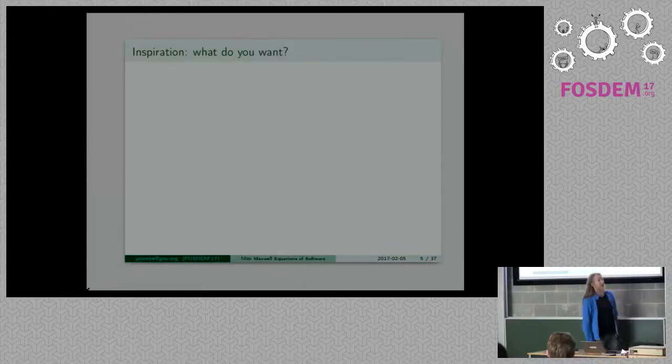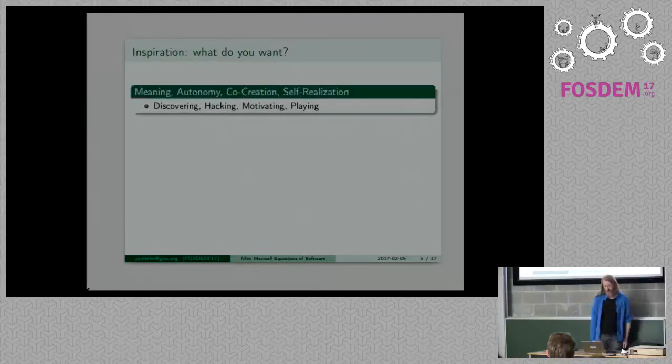Piotr said it, inspiration, that's what happened to me last year. Inspired by Geeks, but now I'm doing MES. So what do you want? As a human being, a hacker, I'm looking for meaning, for autonomy, but also co-creation.